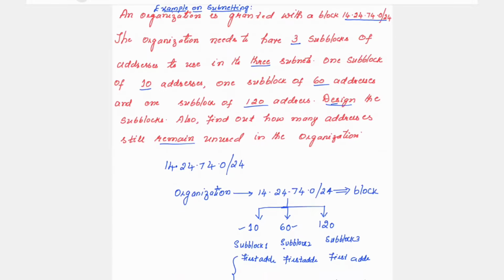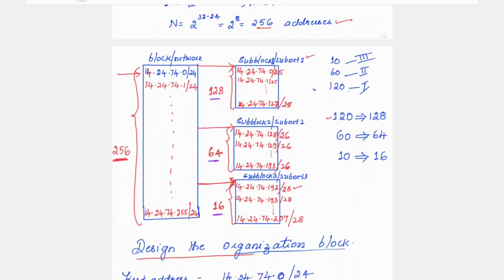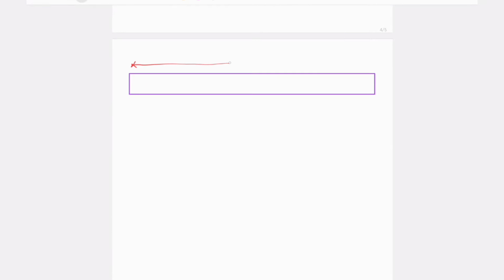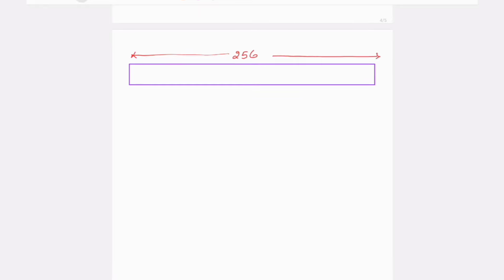The last part of the question says to find out how many addresses still remain unused in the organization. That is very easy. How will you find out? You know now that 256 addresses were assigned to the organization. Out of that 256, 128 addresses were used in subnet 1, 64 in subnet 2, and 16 in subnet 3.